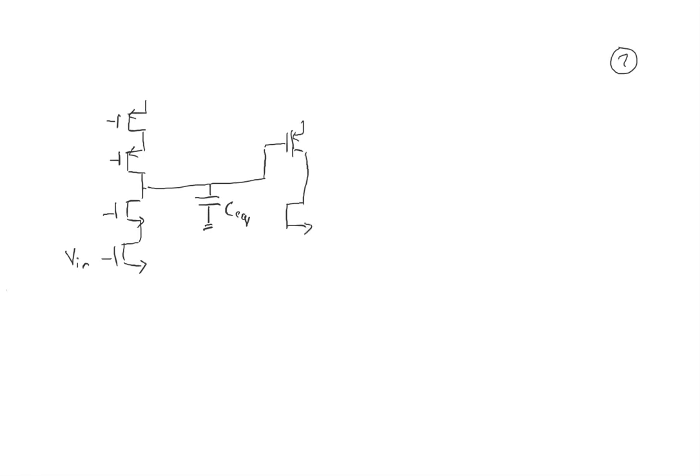Again, same, Vin. So the equivalent has one capacitance, called C equivalent. Now I'm just converting the Miller capacitance into two capacitances.